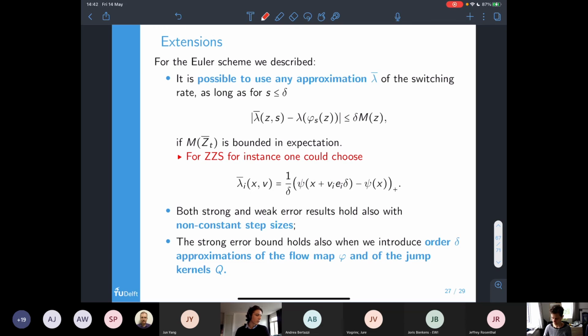And again, this is very interesting because we have just restricted to this scenario in which we have problems simulating the switching times. But we can also approximate every part of the process. If we have an order delta approximation, we can still have the same strong error result, really.